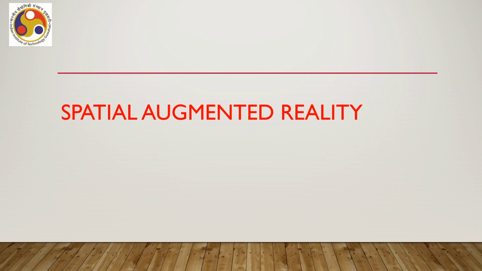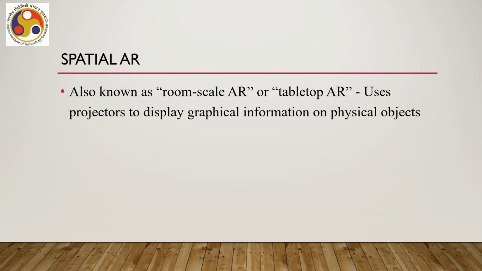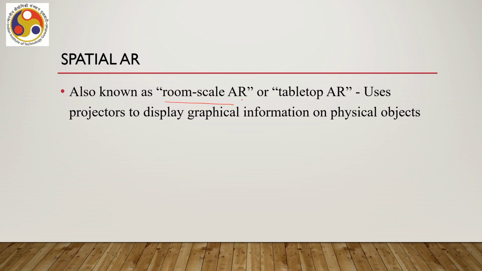The third category of AR devices are the spatial augmented reality devices. So, what are these devices? Let us have a brief understanding. These are also known as room scale AR or tabletop AR. These devices typically use projectors to display graphical information on physical objects.